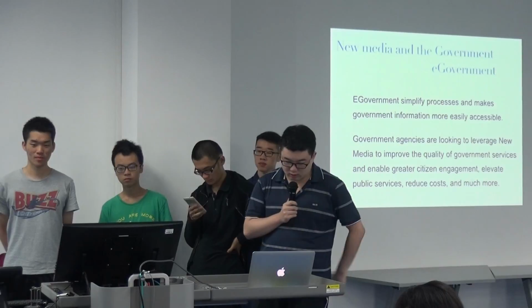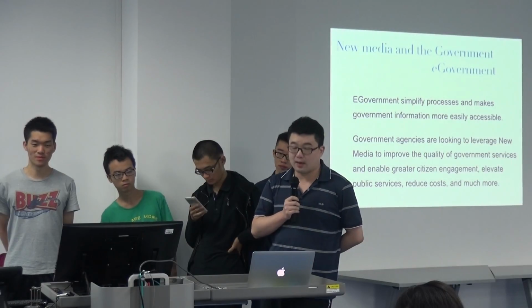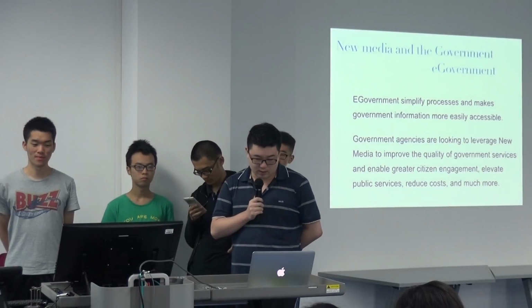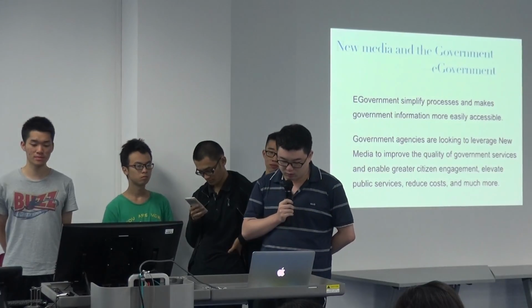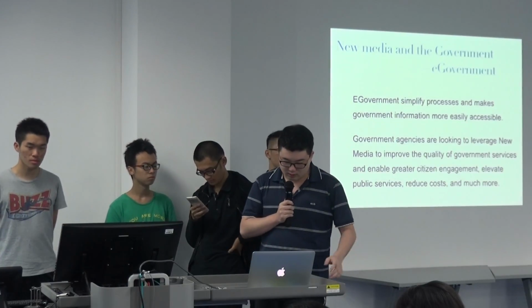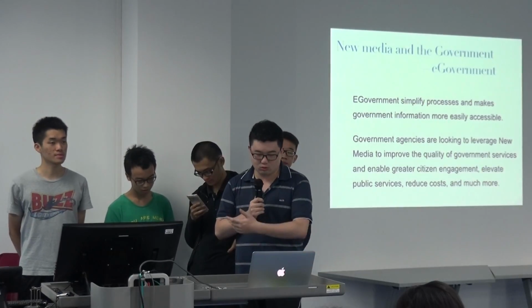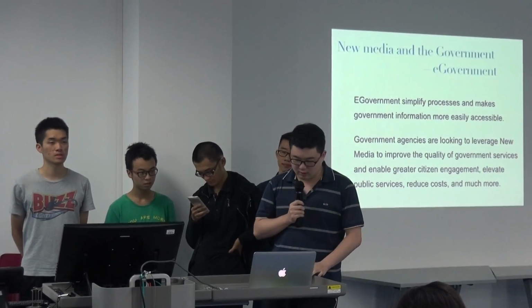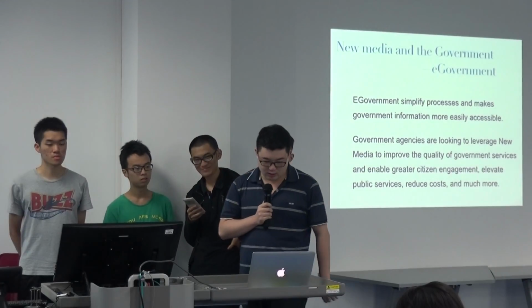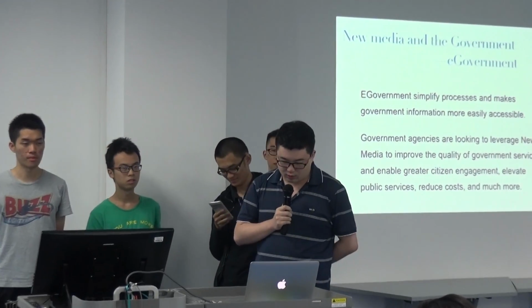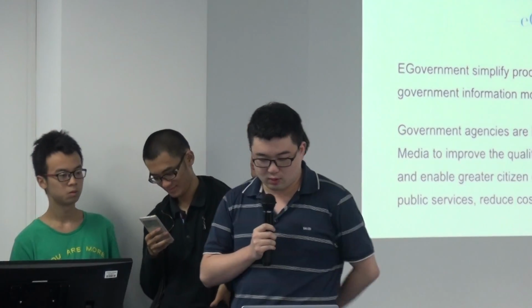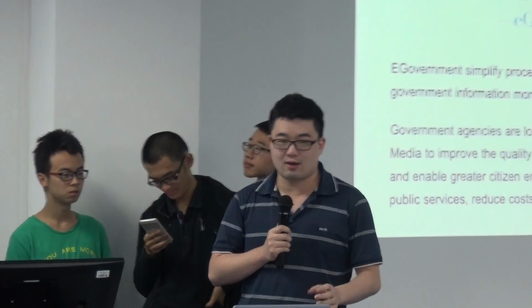Also, in the traditional fashion, there is direct mail, email, printed media, television, video, press releases, and so on. This communication is traditional, it's one way, just from the government to the citizens. But the rise of new media can open a new opportunity for communication, that is to say two-way communication between citizens and the government.